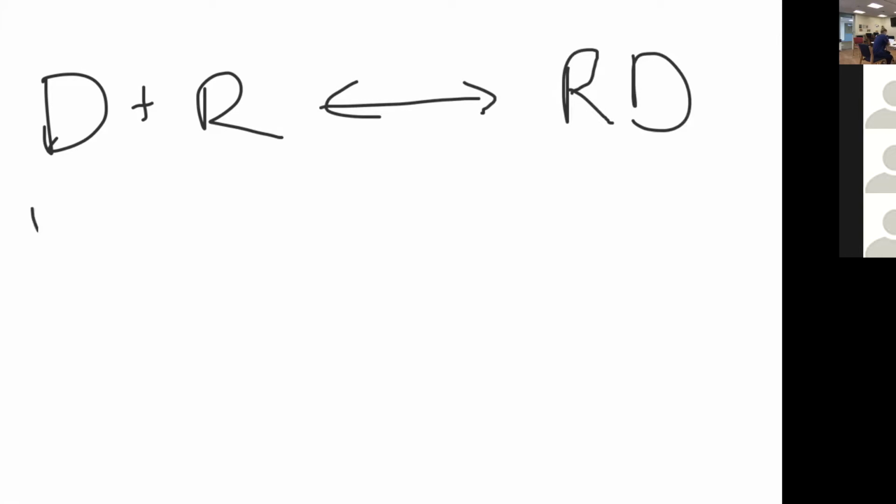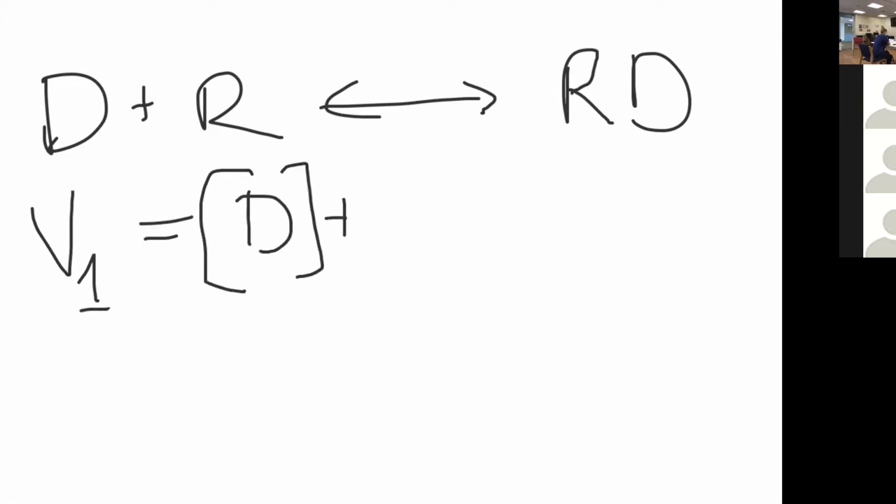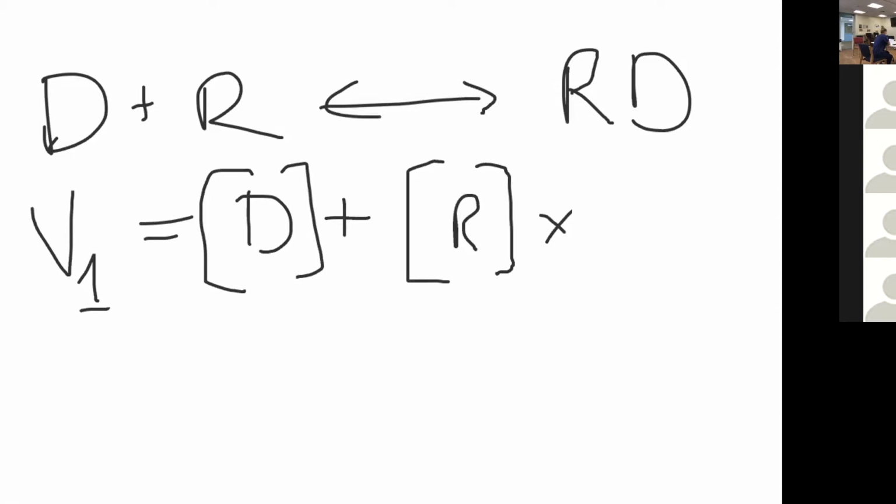So the velocity of the forward reaction, i.e. the drugs and the receptors binding to each other, is determined by the concentration of the drugs, the concentration of the receptor, and the association constant.